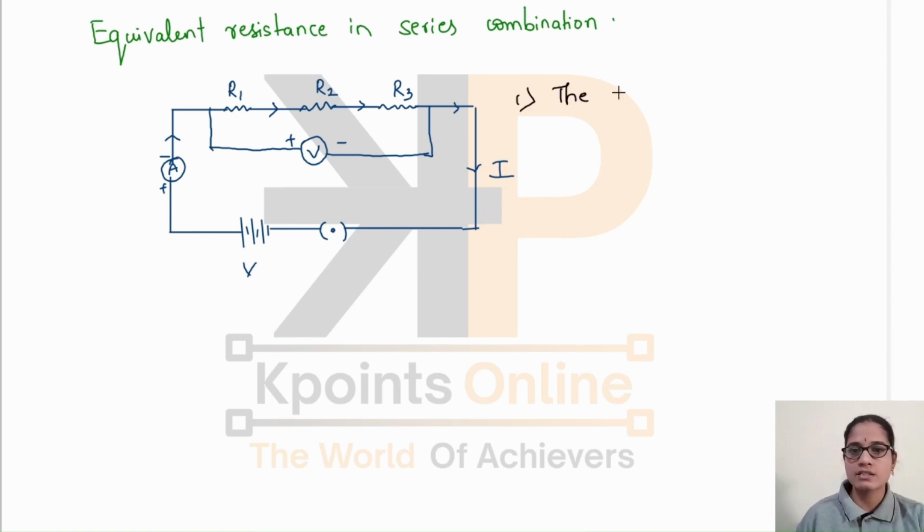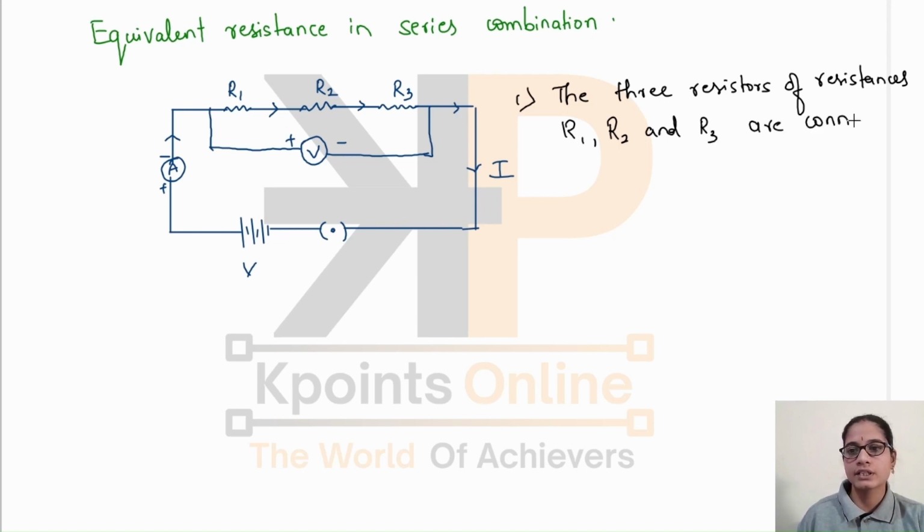The three resistors R1, R2 and R3 are connected in series. And we know that when resistors are connected in series, the same current will flow through each resistor because the path of the current is the same.